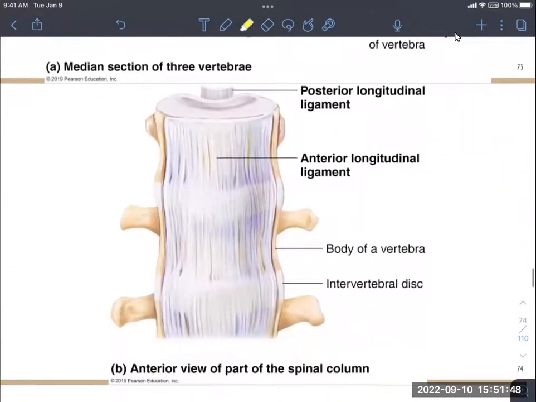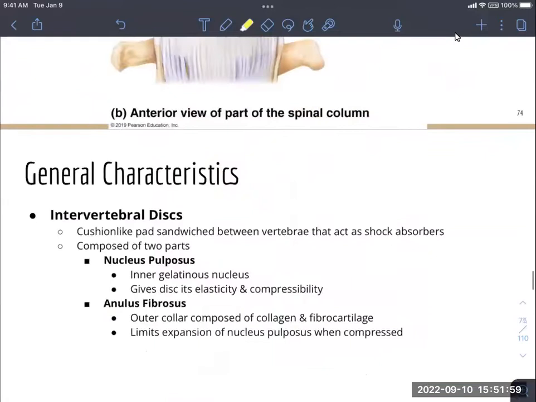So here's another view of that anterior longitudinal ligament and that posterior longitudinal ligament. They help to hold the spine in place.